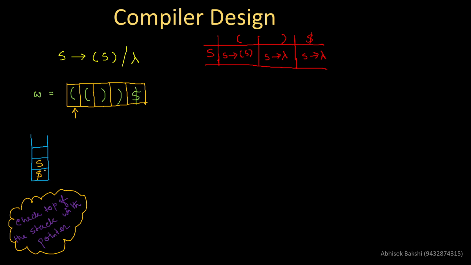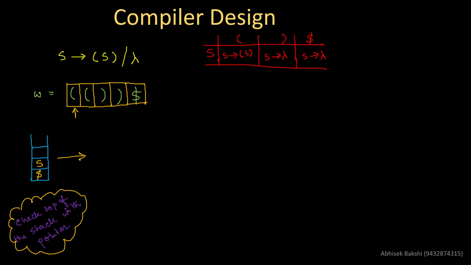Now see, this S on opening brace. In this particular table, what is said? It is said that S on opening brace, we have to use this particular production rule: S can be written as opening brace, capital S, closing brace.